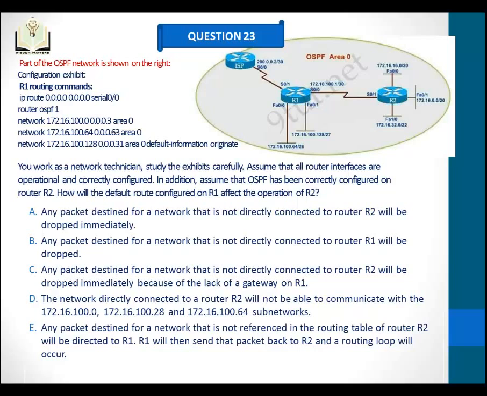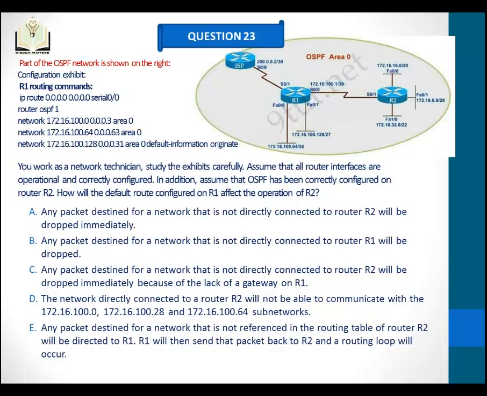And the answers are A, any packet destined for a network that is not directly connected to router 2 will be dropped immediately. B, any packet destined for a network that is not directly connected to router 1 will be dropped. C, any packet destined for a network that is not directly connected to router 2 will be dropped immediately because of lack of gateway on router 1.